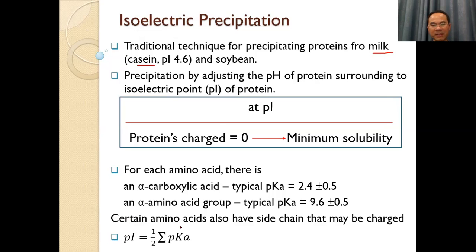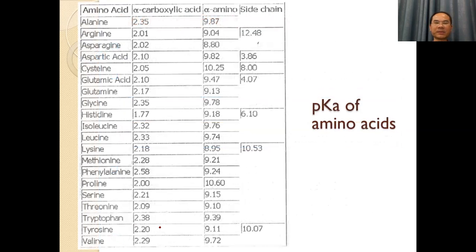And we can calculate pI like this: the pI is equal to half of the summation of the pKa values. This gives you an example of pKa values for each amino acid. Some amino acids have 3, some have 2. Mostly we have at least 2, because an amino acid can ionize at least twice.